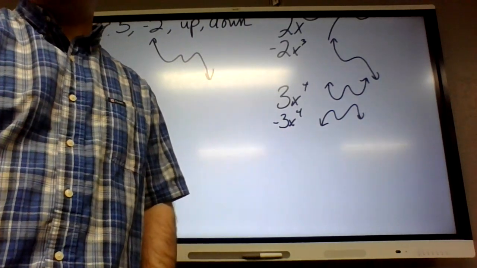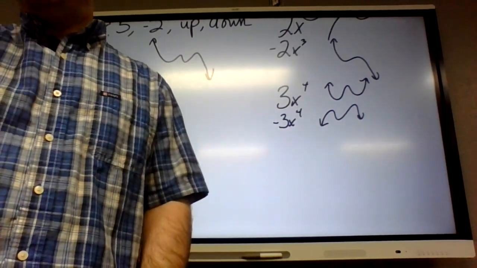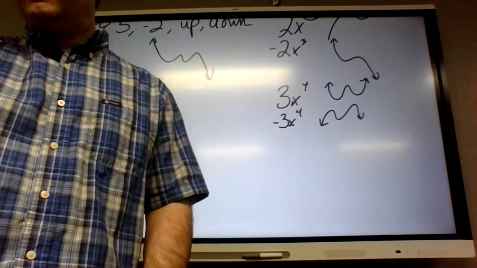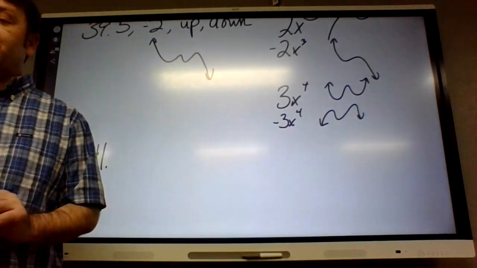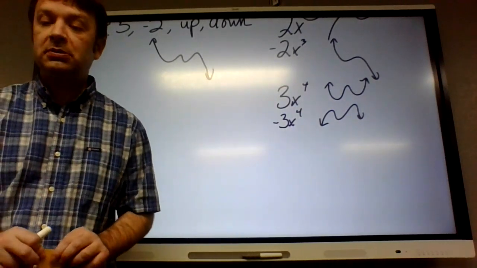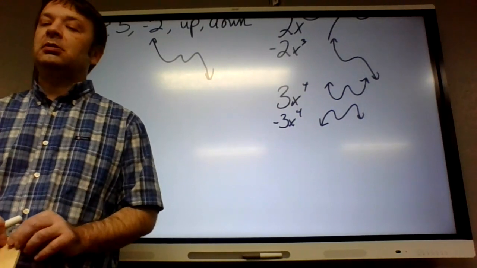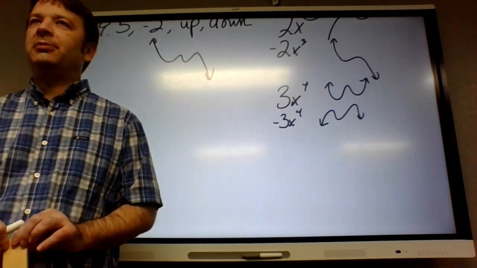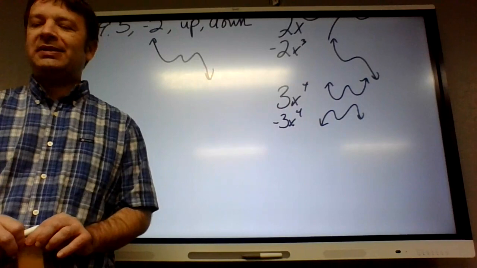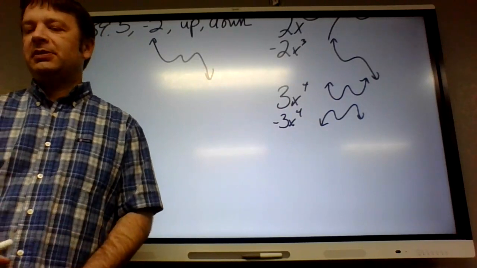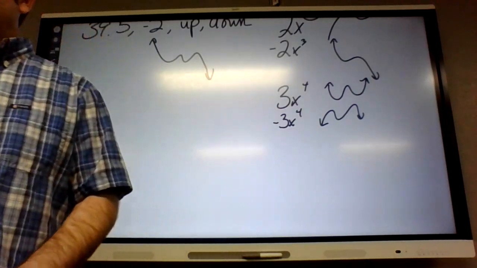Okay, guys, 41. Given the graph on the right, what are the zeros of the function? What do zeros mean? They're x-intercepts, because that tells you the x values that make the function equal 0.